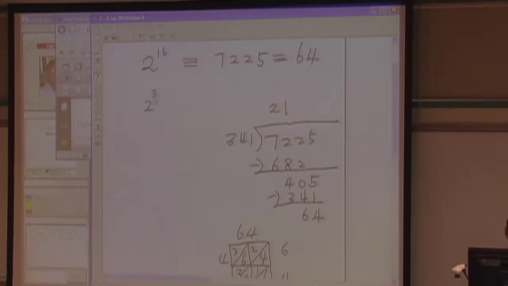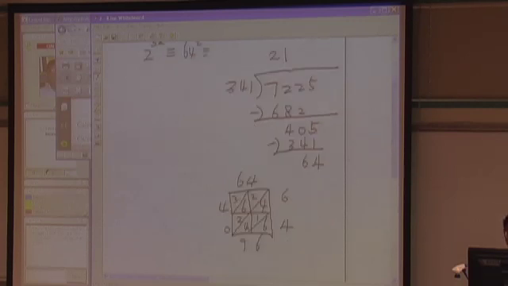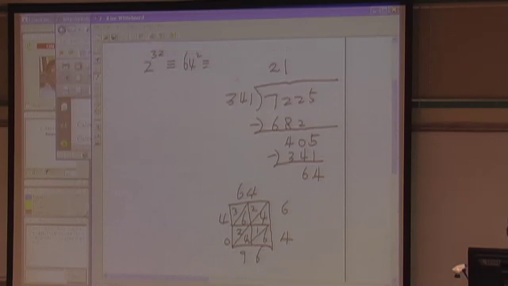2 to the power 32 is congruent to 64 squared, which is equal to, in fact, 4096. And then we can divide.